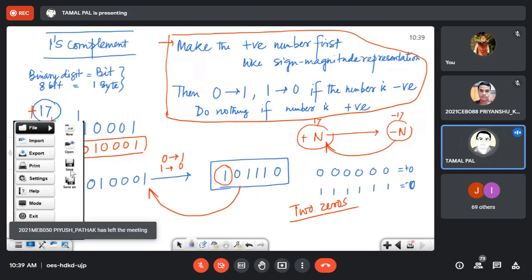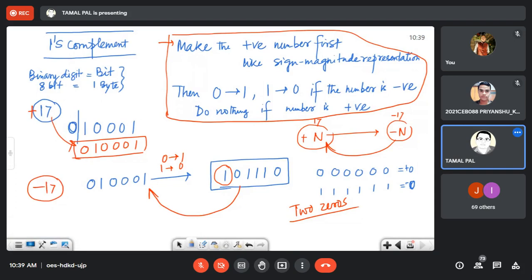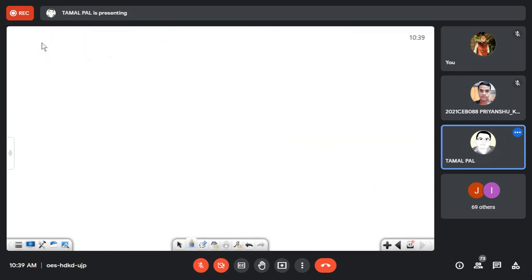Now 2's complement. In 2's complement, the rule is almost like 1's complement.